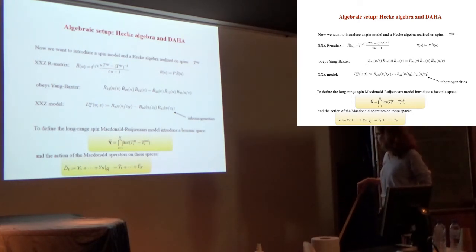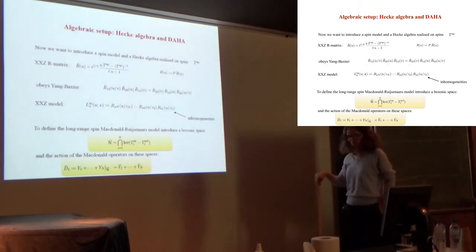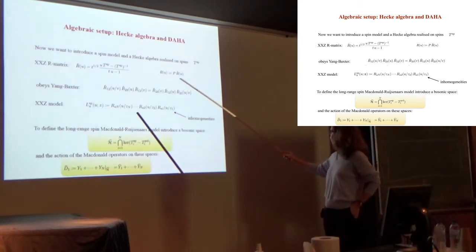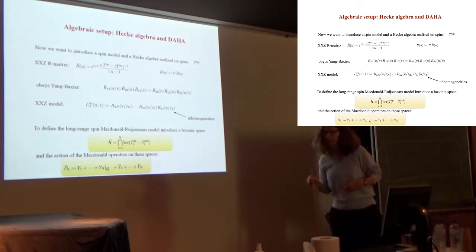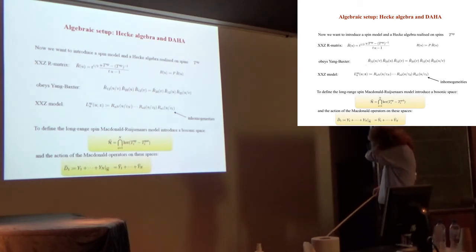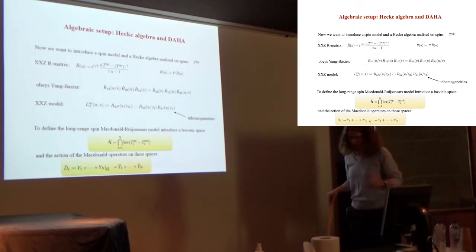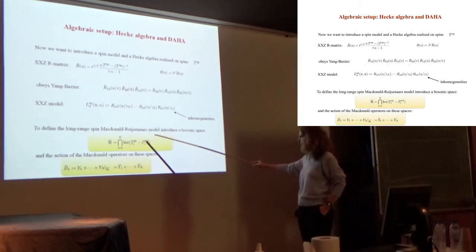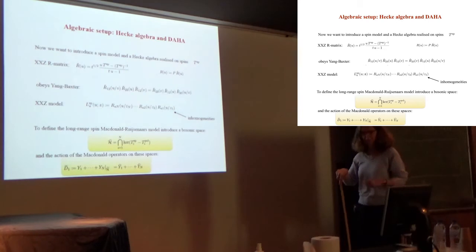So now to define our spin model, we will extend this XXZ model by introducing the dynamical coordinates, and we'll define a subspace of coordinates and spins on which the Hecke spin generator and the Hecke polynomial generators will act in the same way.